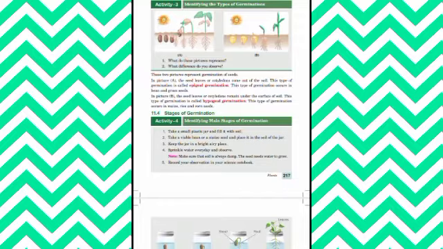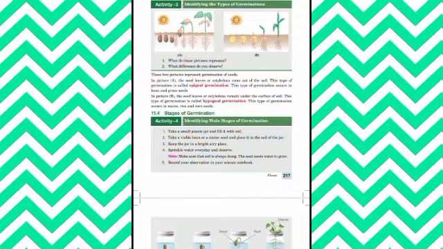In picture A, the seed leaves or cotyledons come out of the soil. This type of germination is called epigeal germination. Are you together? The first type is epigeal germination, a type of germination where seed leaves or cotyledons come out of the soil.